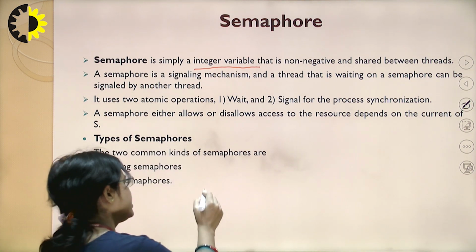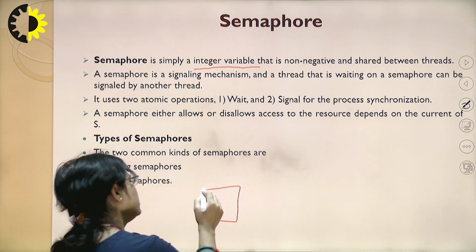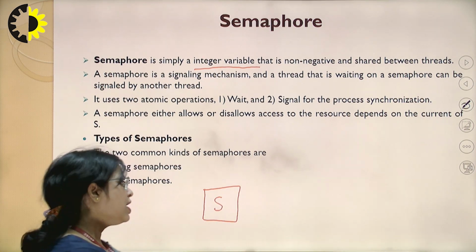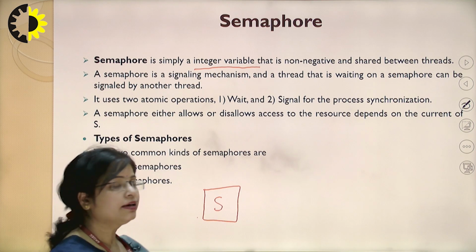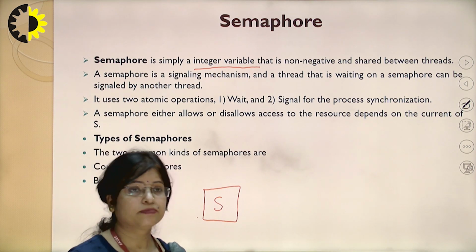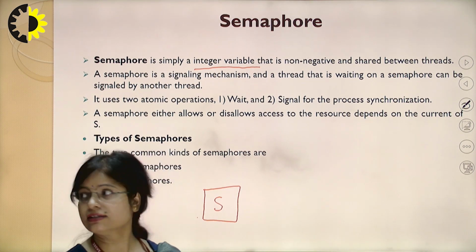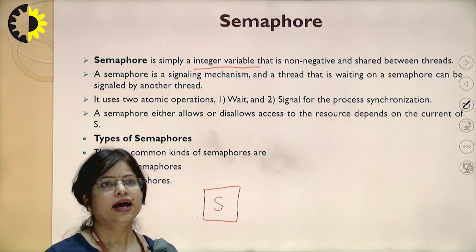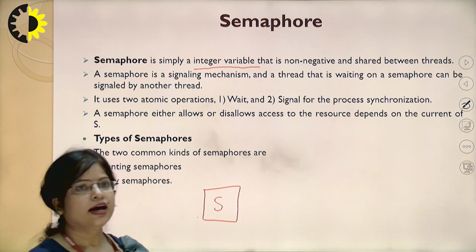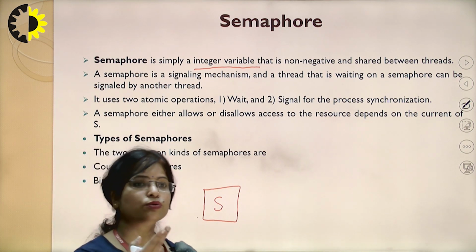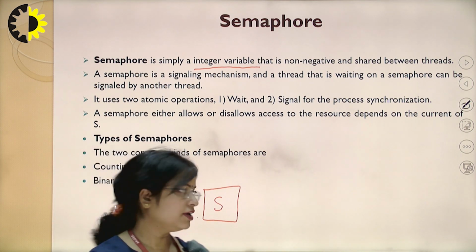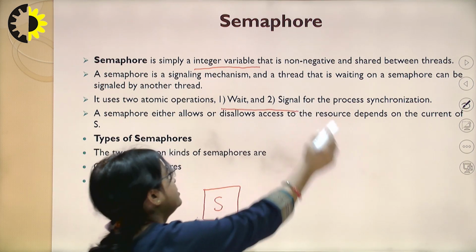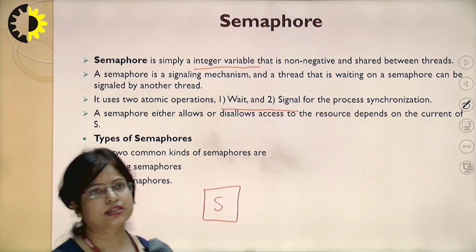A semaphore is basically represented by S. Semaphore S can be defined as a signaling mechanism, and it is used with two atomic operations, wait and signal, for process synchronization.